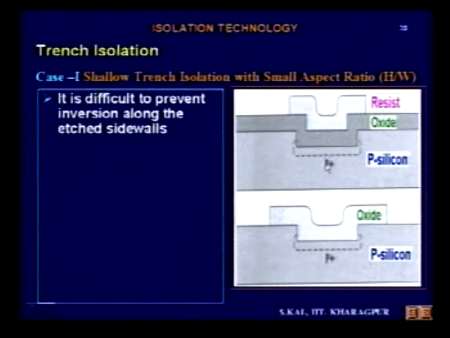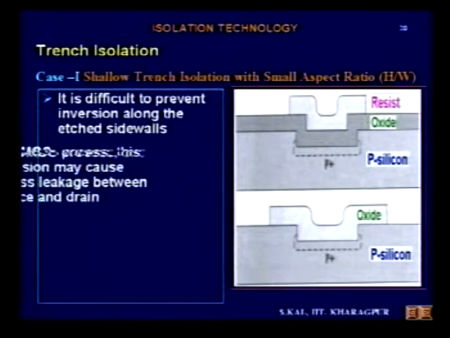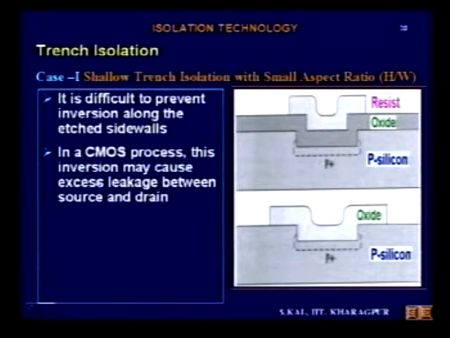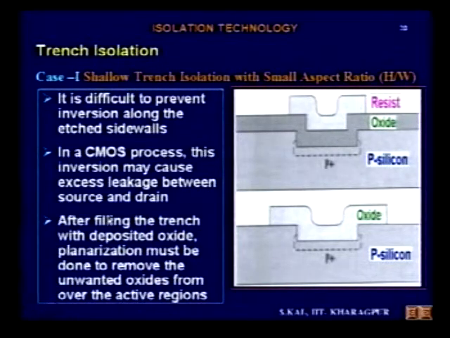Once it is filled with oxide, your next job will be to planarize the surface. You have to have a plane surface, because we are looking from the plane surface. So in a CMOS process, this inversion, that means the sidewall inversion, what I just now mentioned, may cause excess leakage between source and drain.